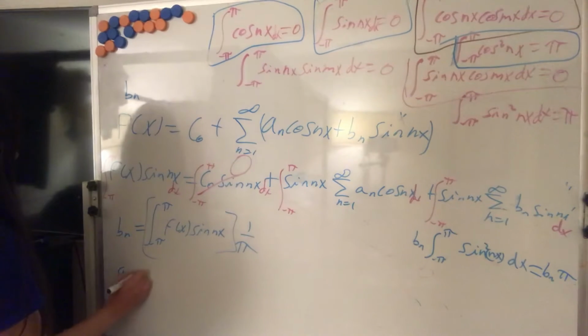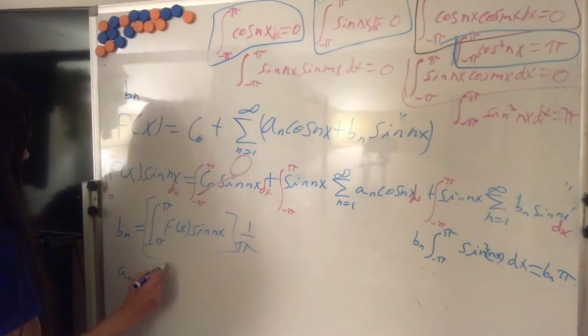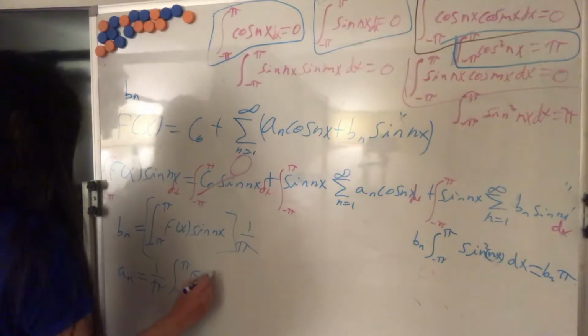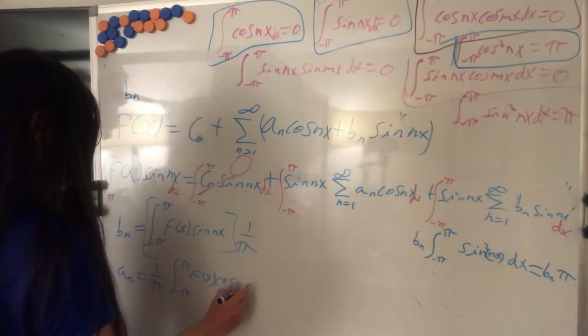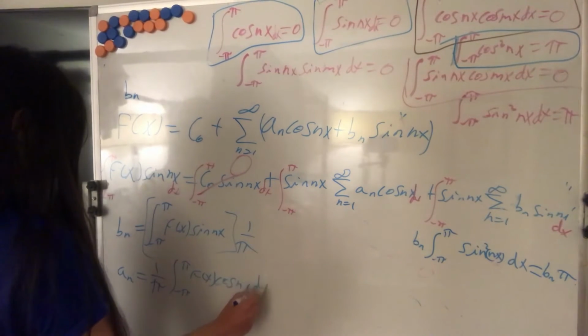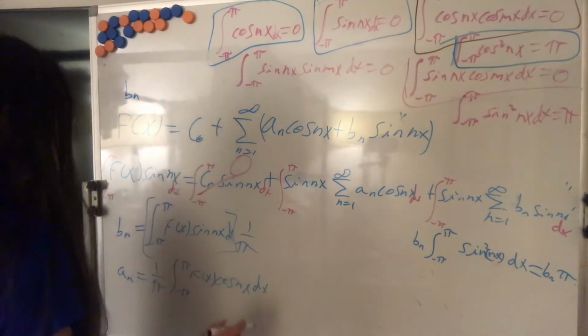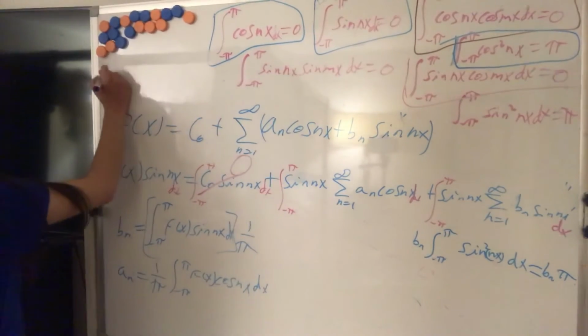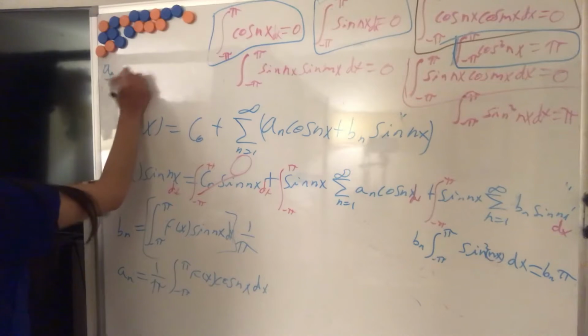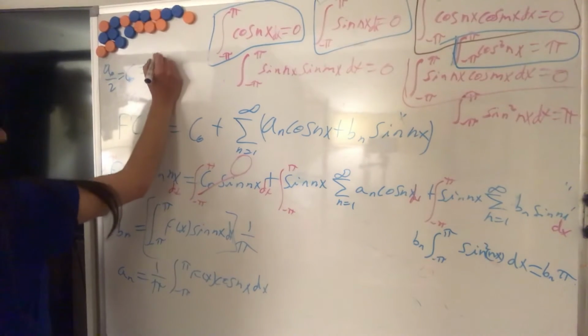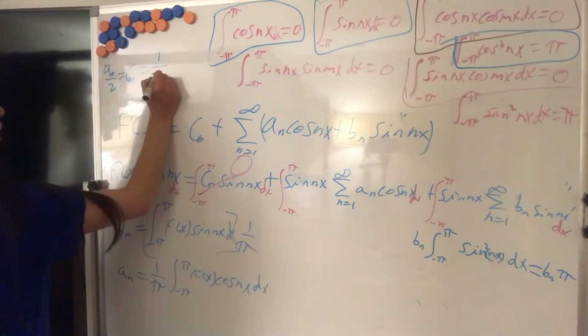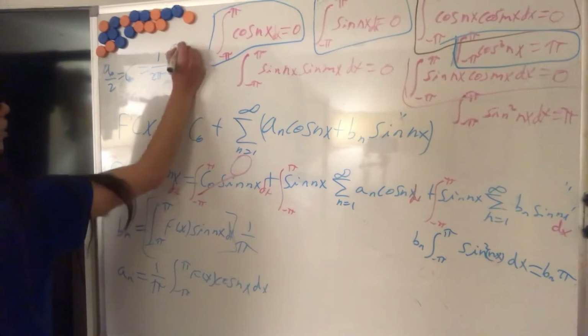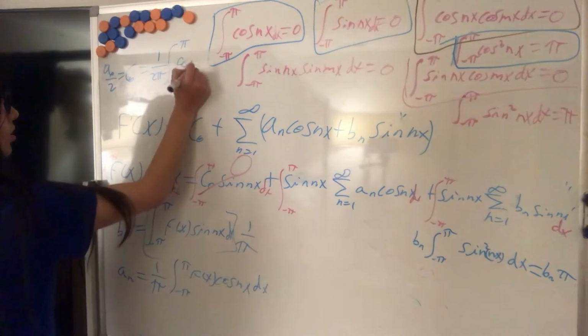We got that a sub n was the same: 1 over pi times the definite integral from minus pi to pi of f of x cosine nx dx, and a sub naught divided by 2, that is c sub naught, is equal to 1 over 2 pi times the definite integral from minus pi to pi of f of x dx.